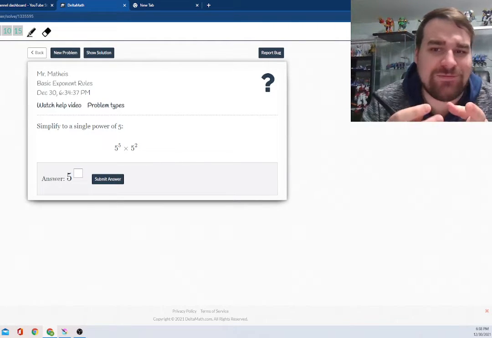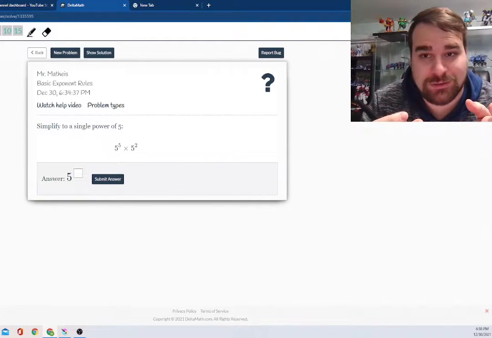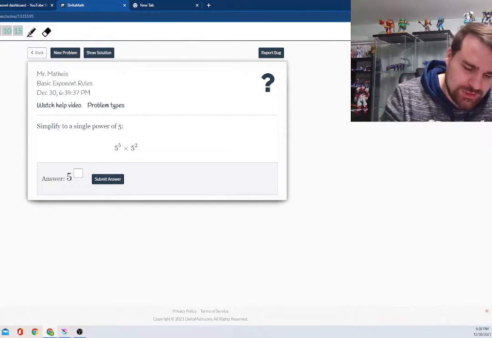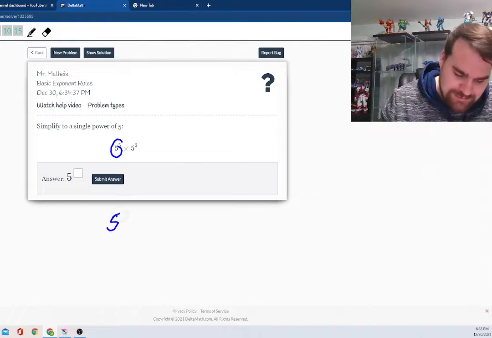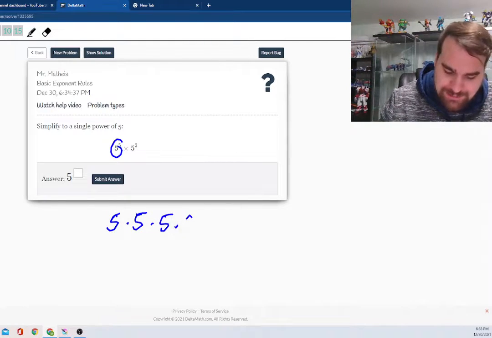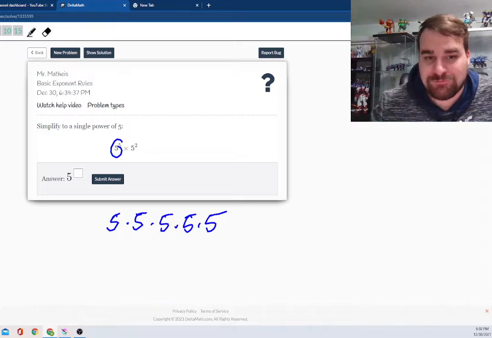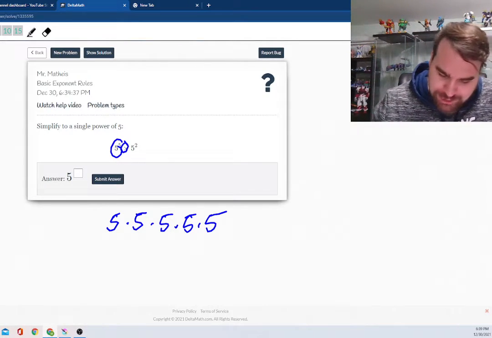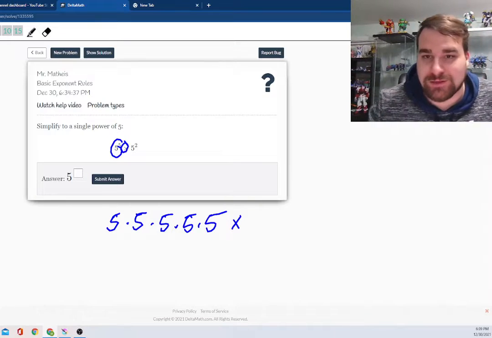Let's really dive into why that's the correct answer though. So 5 to the 5th really just means 5 times 5 times 5 times 5 times 5, right? Whole lot of stuff there. And then we're in a multiplication problem, so I'm going to put another times sign there.